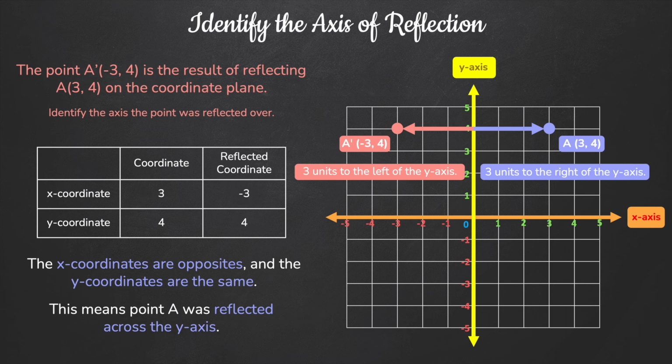If we look at these 2 points, they look like mirror images of each other through the y-axis. It's like someone standing in front of a mirror sees themselves equally as far from the mirror on the other side. So, A is reflected over the y-axis to then get A prime.